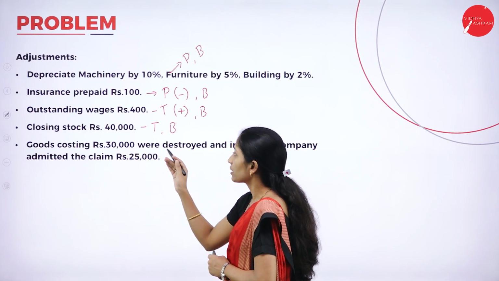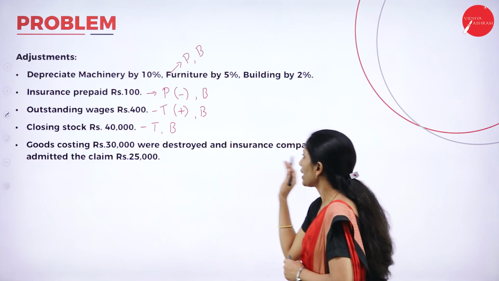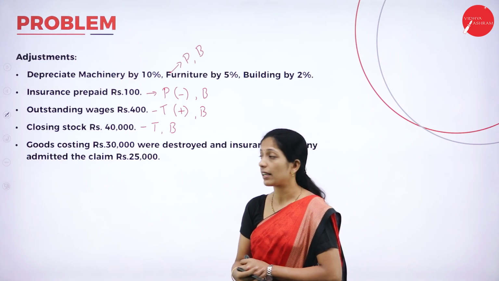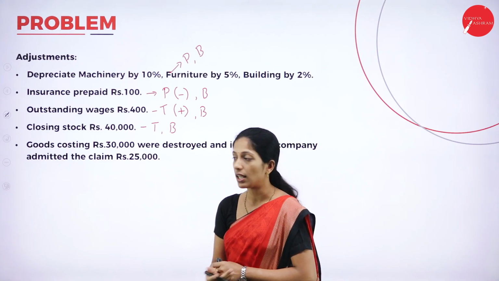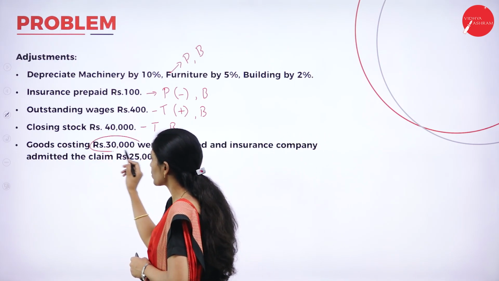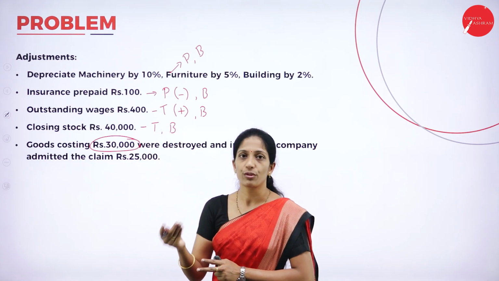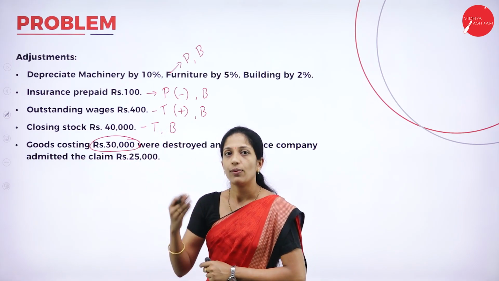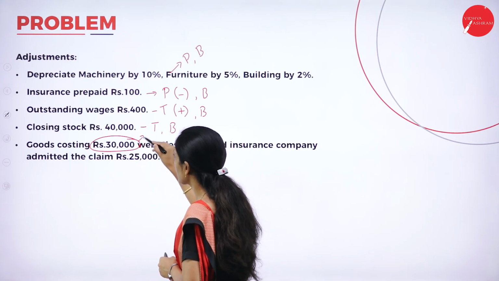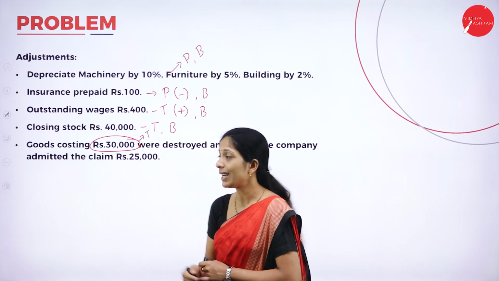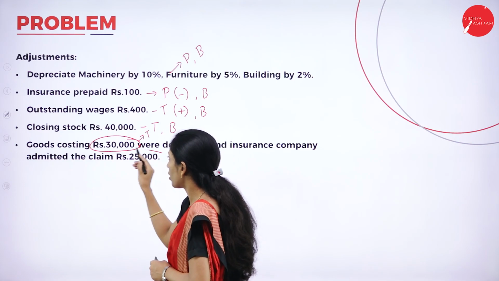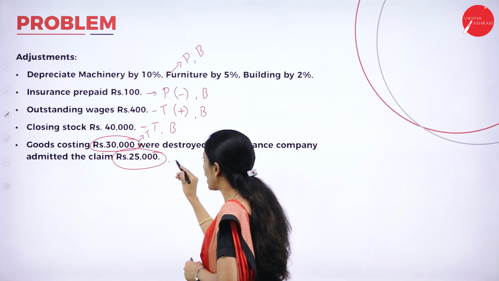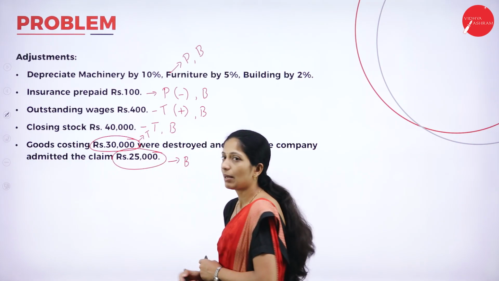Next, goods costing 30,000 were destroyed and the insurance company admitted the claim for rupees 25,000. The cost of goods destroyed, 30,000, has to be taken in the trading account, and the claim we have got will be taken in the balance sheet.